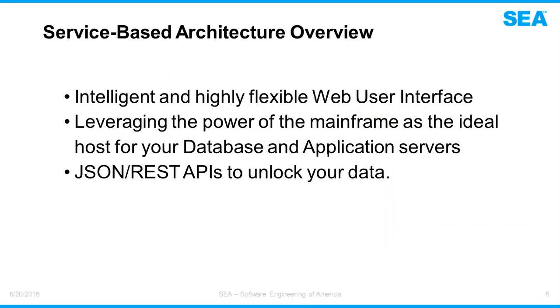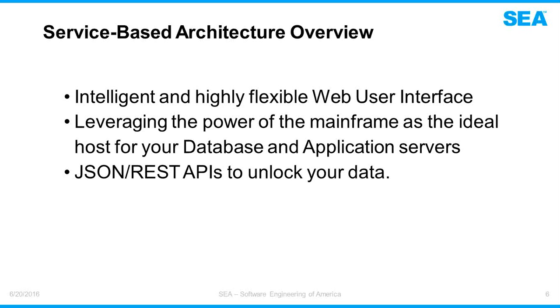Essentially, when we looked at how we would approach the challenges that the market's presenting, we said, well, the products and the solution has to have these capabilities. It has to be an intelligent and highly flexible web user interface.